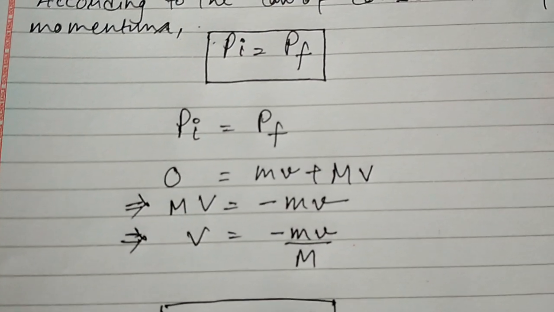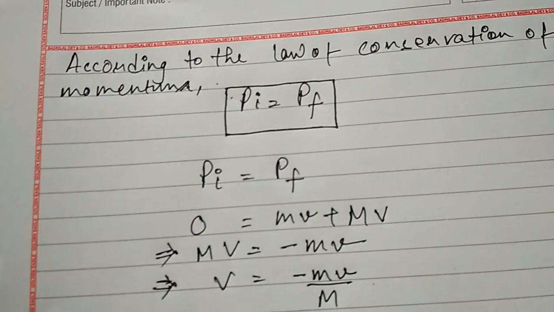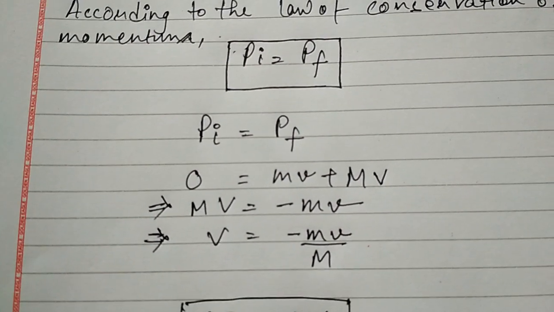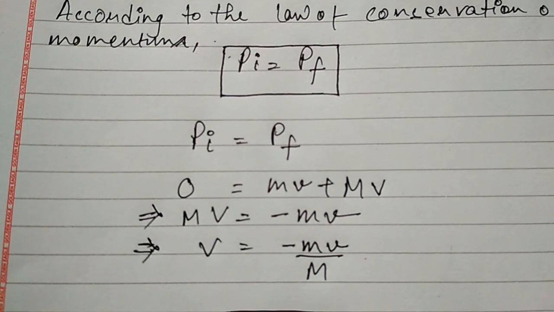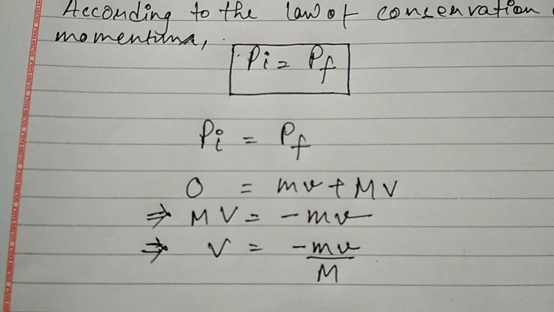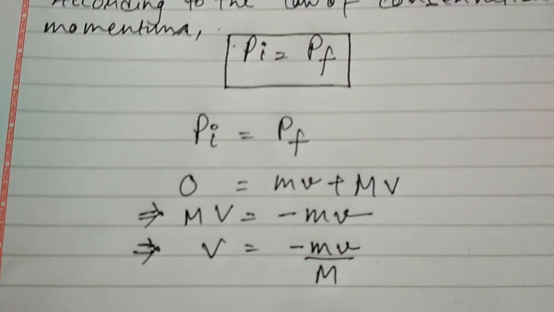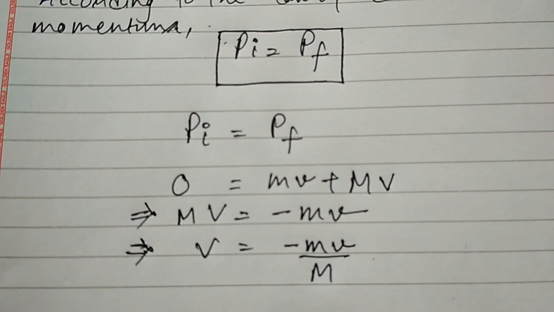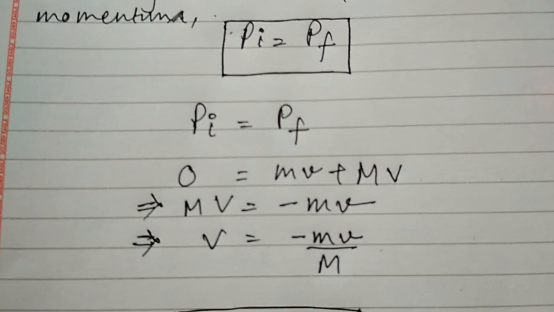So if we solve this, P initial as we found earlier was 0, therefore P initial is equal to P final. That means 0 is equal to small mv plus capital MV. Then this implies that capital MV is equal to minus small mv. Therefore the final velocity of the gun is V equals minus mv by M.